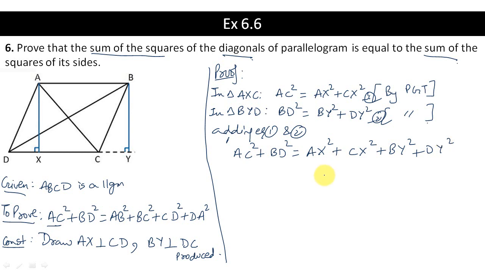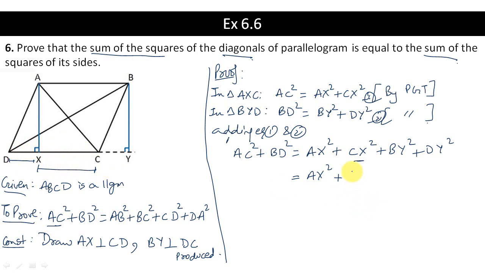Okay. Now we cannot change AX to any other side. This CX can be written as, CX is this side. CX can be written as CD minus DX. If we subtract DX from CD, we'll get CX.